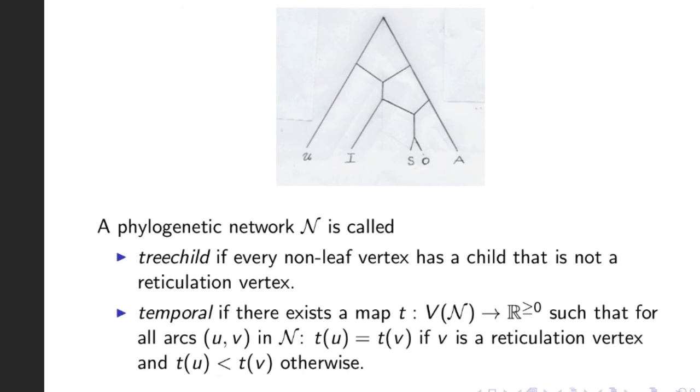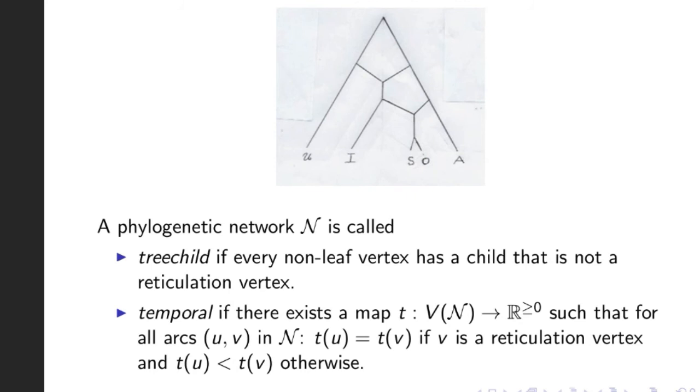And it's called temporal if there exists a map t from the vertex set of my network to the non-negative real numbers, such that for all arcs uv in my network, the value assigned to u and v is the same if v is a reticulation vertex, and otherwise the value of v has to be strictly larger than the value of u under my map t.